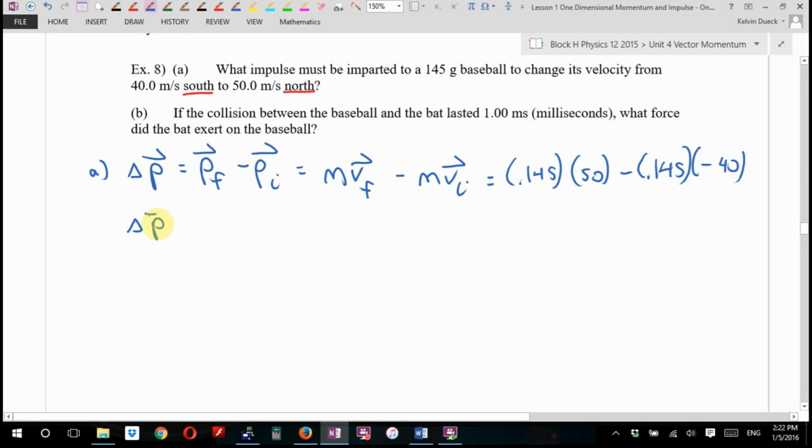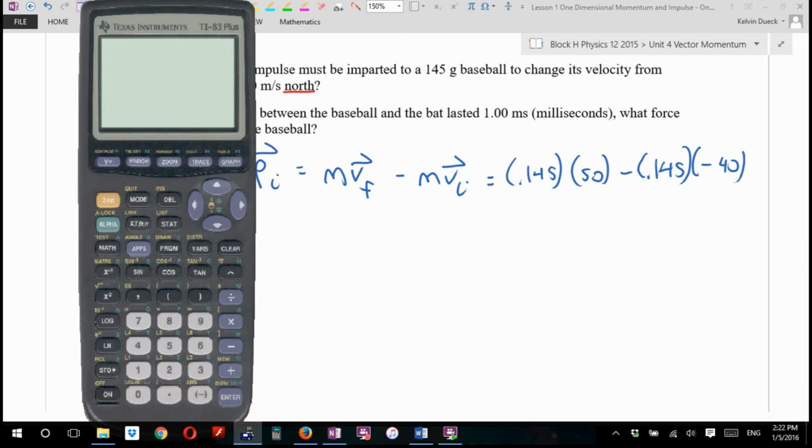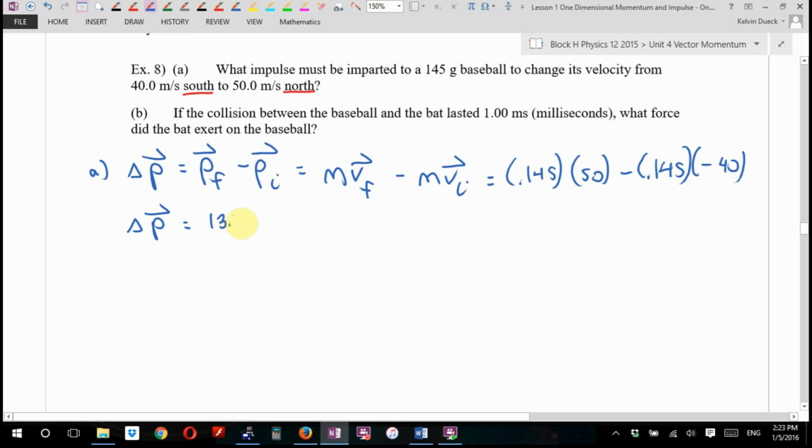The impulse, the change in momentum, is going to be 0.145 times 50 minus 0.145 times negative 40, which is 13.1 kilogram meters per second, or Newton seconds.